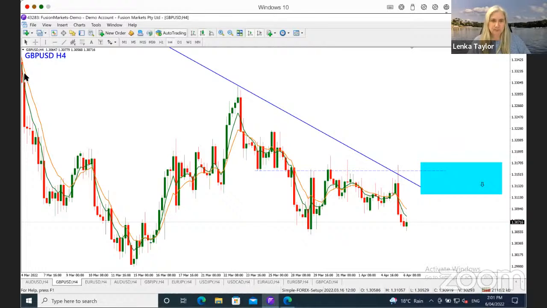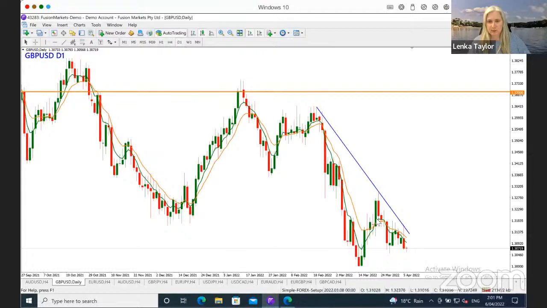My first currency pair that I'll be looking at is GBPUSD. I'm looking at short again on this currency pair. It hasn't really gone far since I probably shorted it a couple of weeks ago.